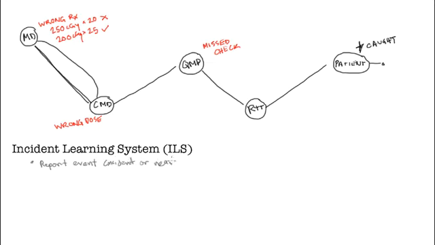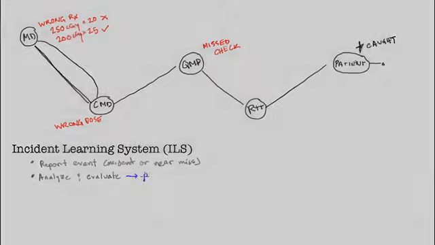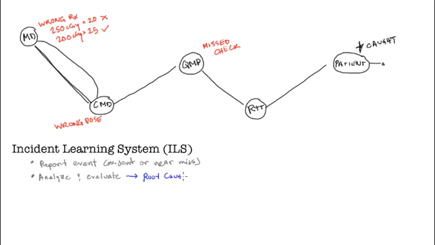It might be reported, for example, by the therapist. And then it's very important to have the learning loop happen. So you have to analyze and evaluate this event. The tool for doing that is root cause analysis, RCA.